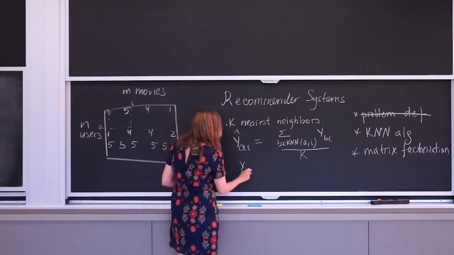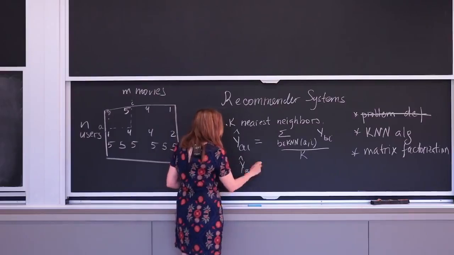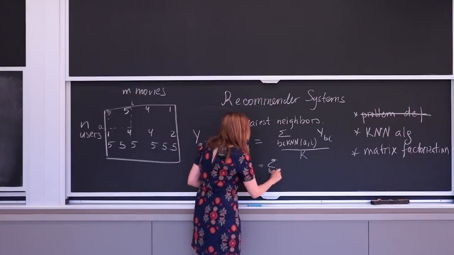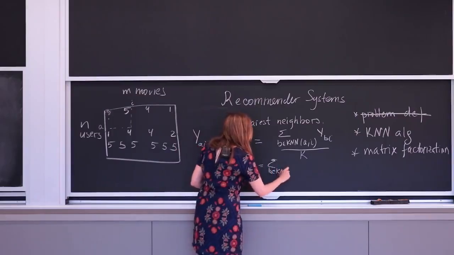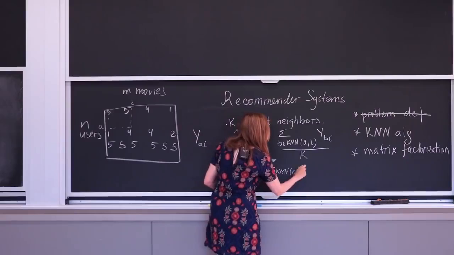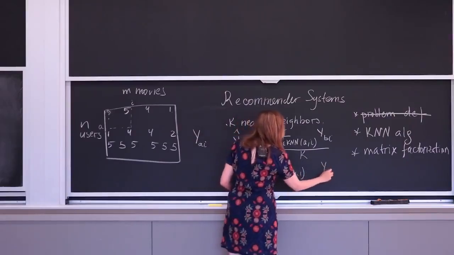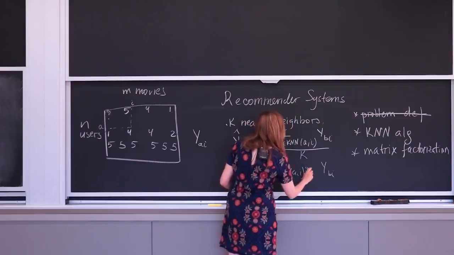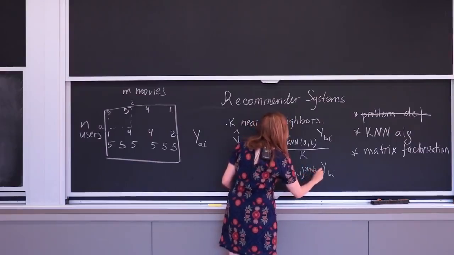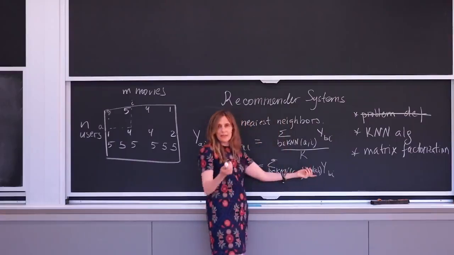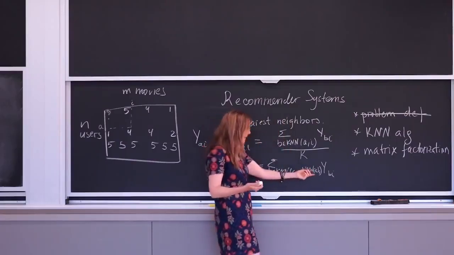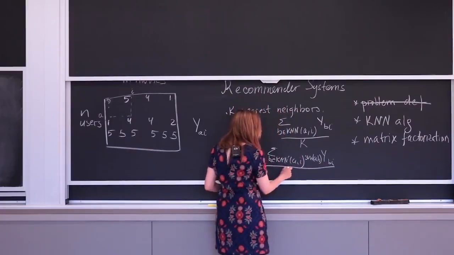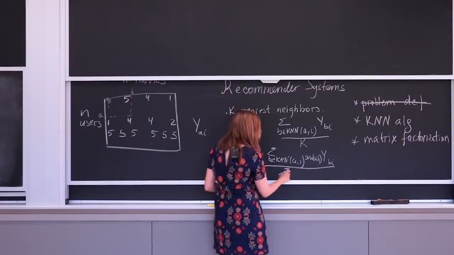We can just say, okay, in this case, we assume that we have a similarity score, and we will look at K nearest neighbors. But now when we are taking their score, we will actually compare the similarity between A and B, between me and this user, and use it as a weighting factor. And now we will divide it by the sum of all the similarities.